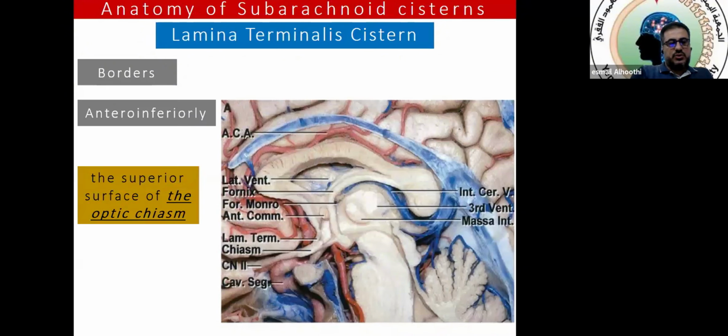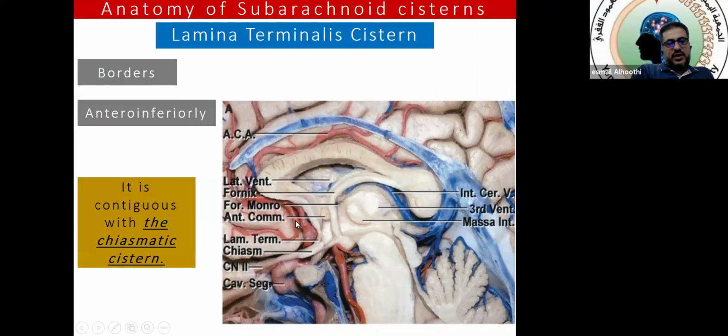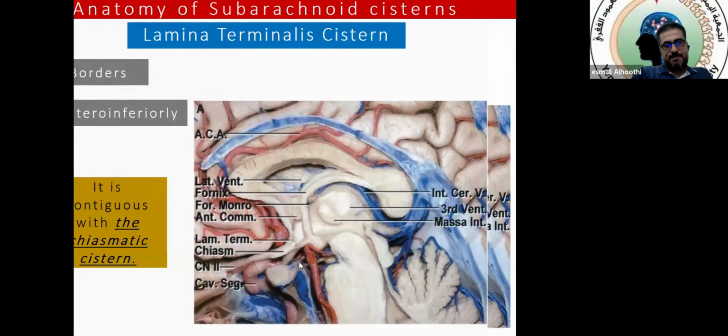The anterior inferior boundary of the lamina terminalis cistern is the optic chiasm here. As we talked before, it communicates with the chiasmatic cistern just below it.